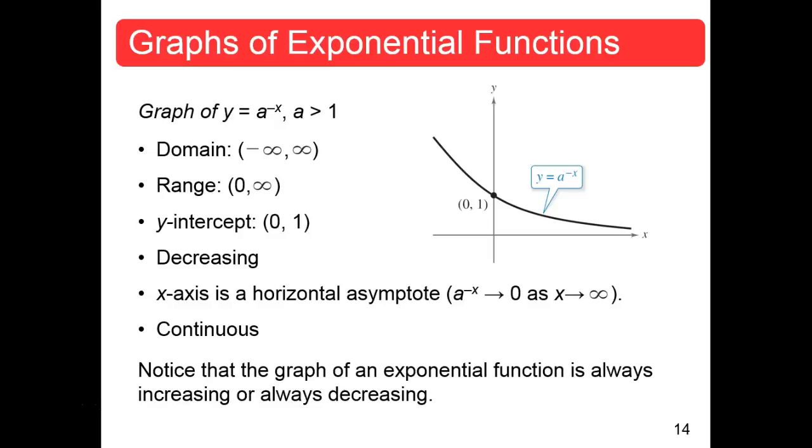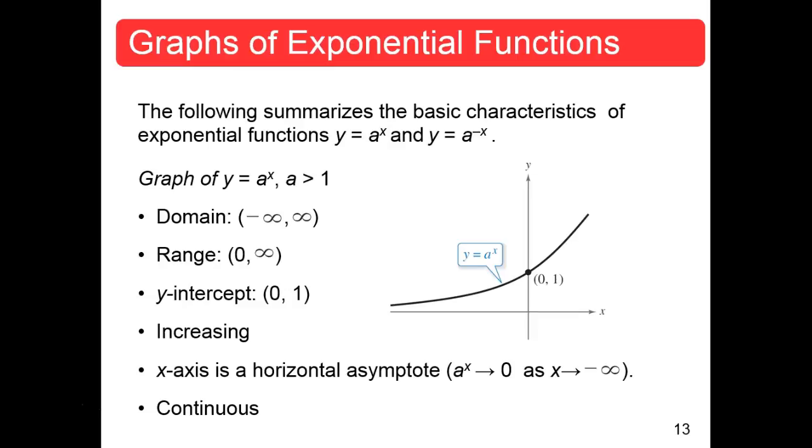Notice the graph of the exponential function is always either increasing or decreasing. There's two cases here, and they only gave one of them. So this might be a little confusing to think about, but let's go back here. Remember, a can't be negative, it can't be 0, and it can't be 1. We only did positive a's greater than 1. If we went for a's between 0 and 1, guess what it's going to look like?